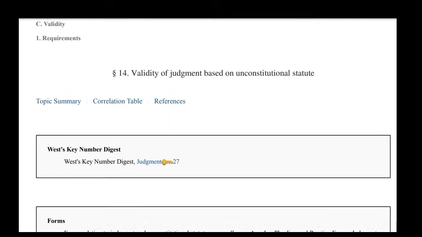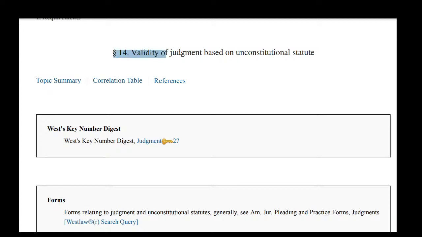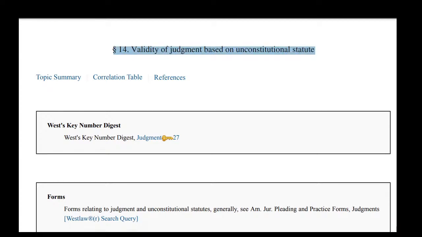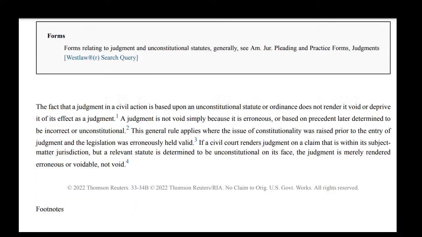And we're on to section 14. Validity of judgment based on unconstitutional statute. The fact that a judgment in a civil action is based upon an unconstitutional statute or ordinance does not render it void or deprive it of its effect as a judgment.